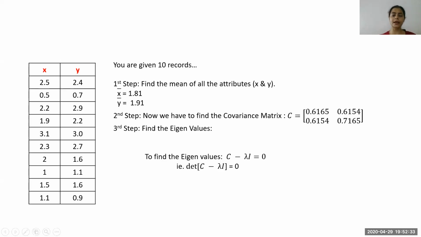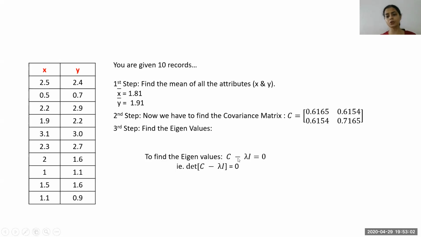Now in the third step, we are supposed to find the eigenvalues. To find the eigenvalues, we have the simple equation C minus lambda I is equal to 0, where C is nothing but our covariance matrix, which we have generated just now. And lambda is the eigenvalue that we are supposed to find, and I is the identity matrix.